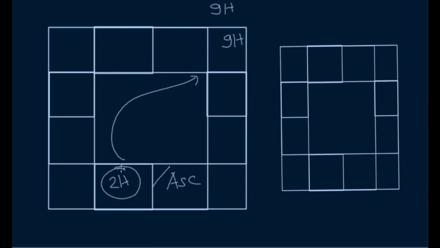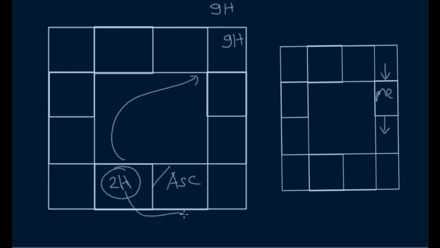Okay, now let us look at the ninth house. So ninth house is actually eighth from the second house. This is ascendant. This is the ninth house, and ninth house is actually eighth from the second house. So second house is going to get affected. So ninth house lord is Gemini. Lord of Gemini is Mercury, and let's say Mercury is here in Cancer. So when Saturn is transiting over Mercury, that time significations of second house will be affected.